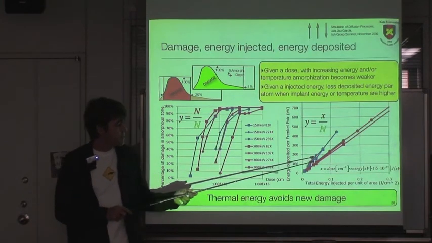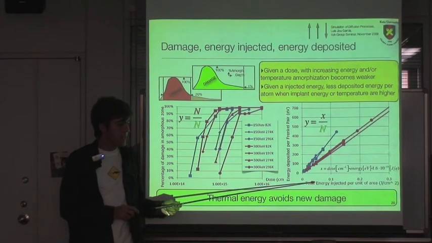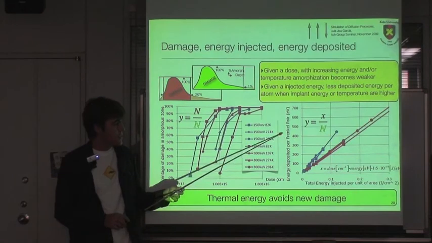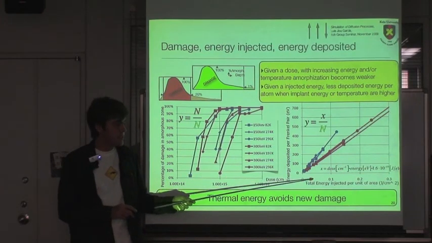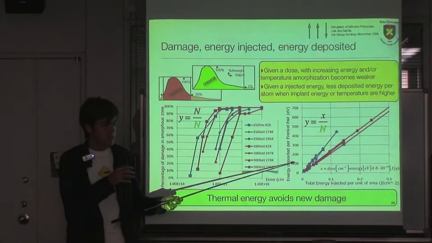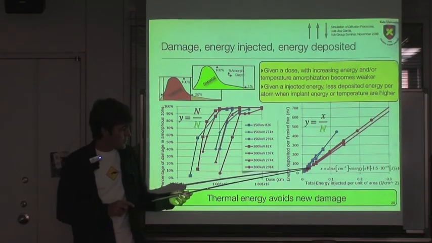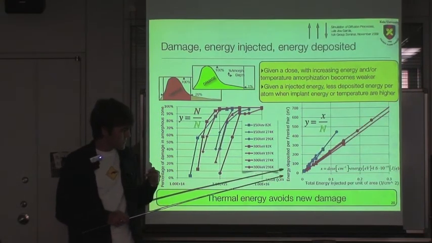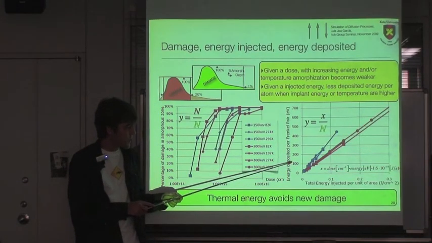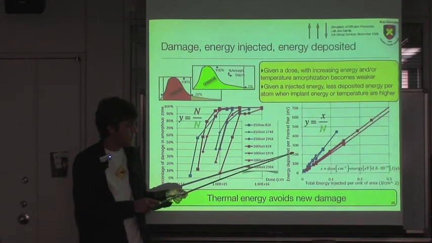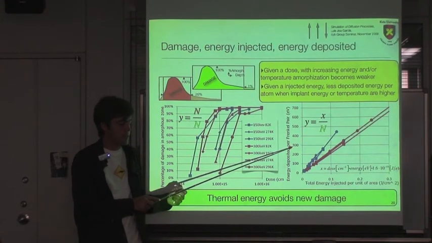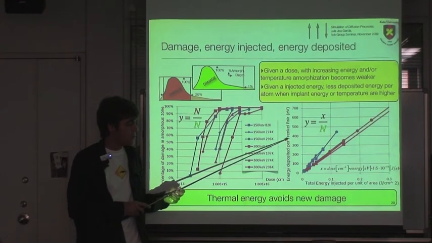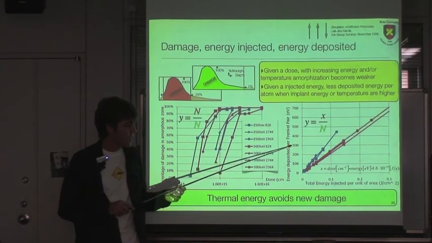Here, I plotted the injected energy on the x-axis, and here the amount of that injected energy that goes to each recoiled atom. So in the case of high energies, it's easier to amorphize because on average less energy in electron volts is needed to recoil each atom.